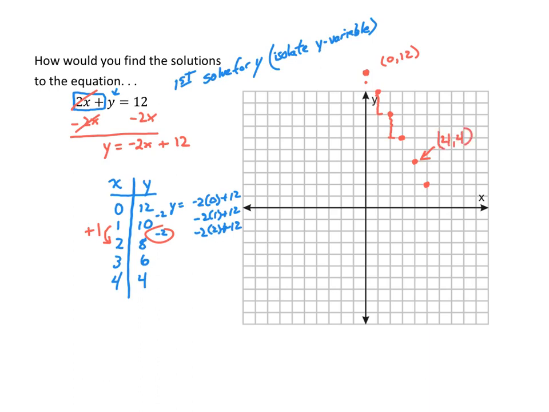So that pattern we're using is the rise over run that I mentioned earlier. Rise, in this case, is negative 2, the run was 1. That is right here in our table, negative 2 over 1.